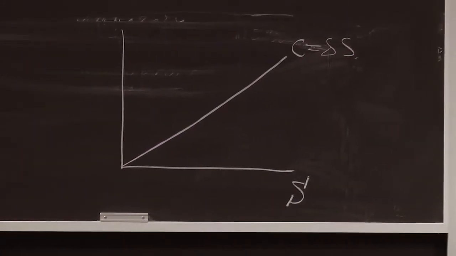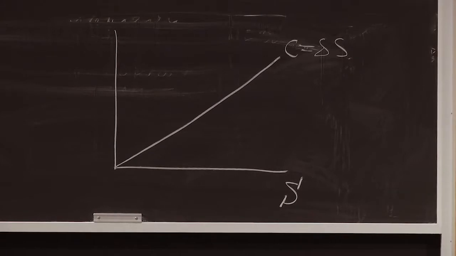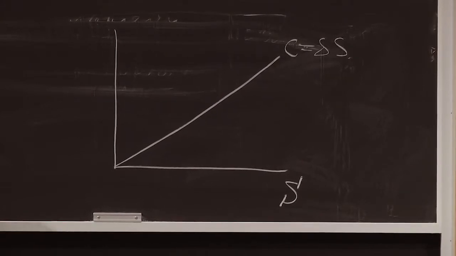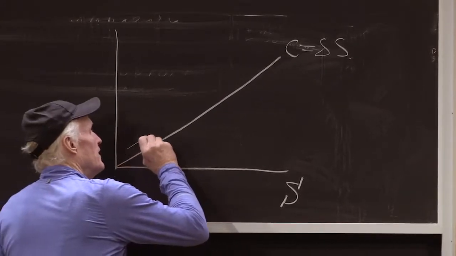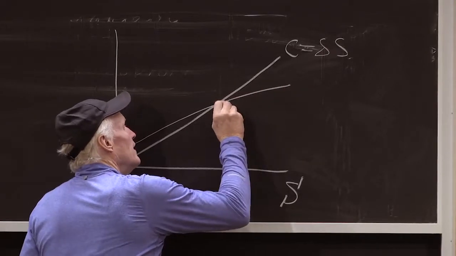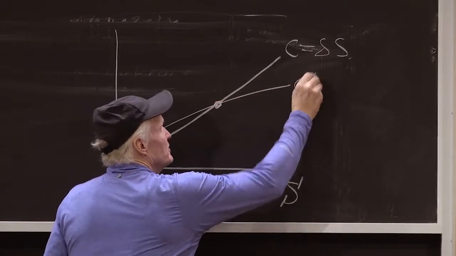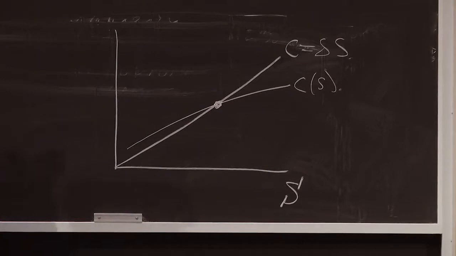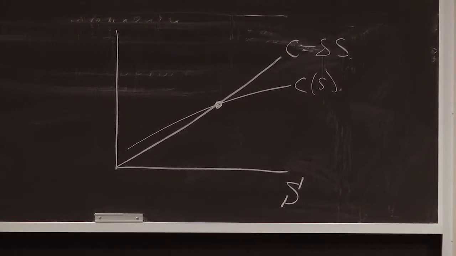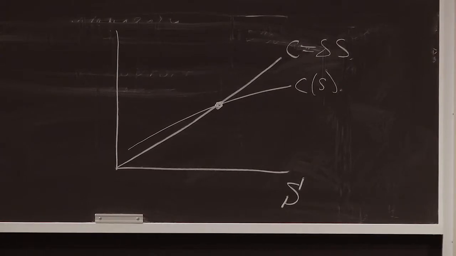There's a steady state where C equals delta S. And then these addiction models give you some kind of upward sloping C of S function. That is, the amount you consume can depend on the stock that you have, how much you've consumed in the past. And upward sloping is almost like the definition of addiction. The more you've consumed in the past, the more you're going to consume in the future.